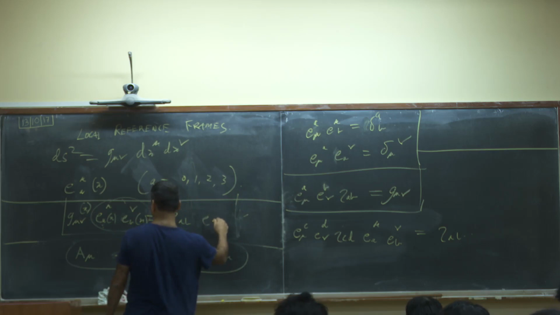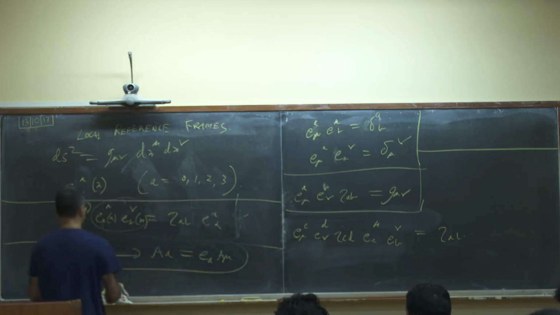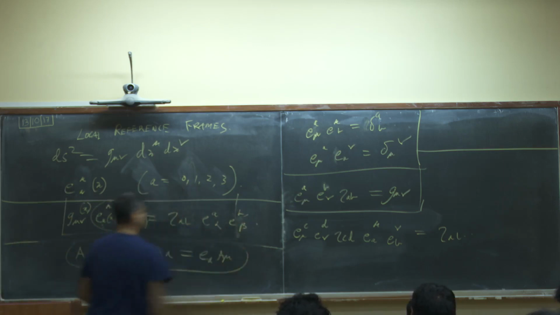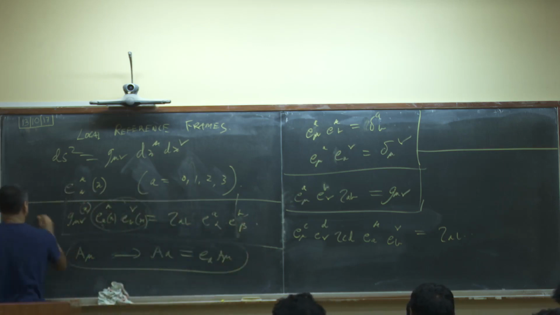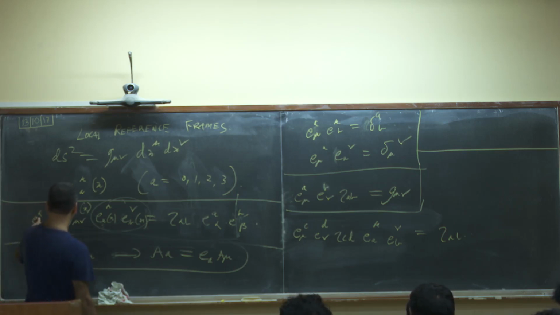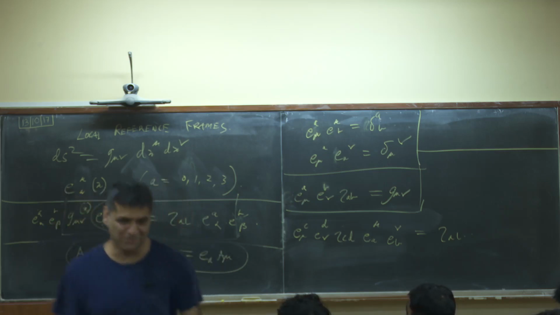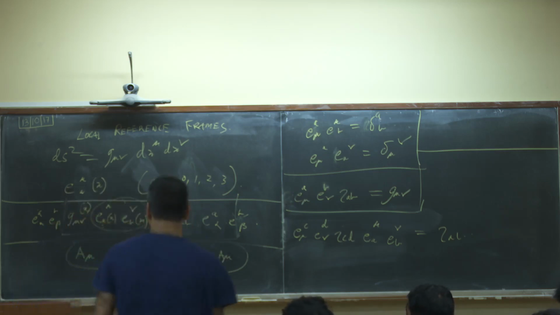E A alpha, E B beta. Sum over A. E A alpha, E B beta. Now we sum over. Perfect. This gives it to us. Very nice. Thank you. That's a very nice proof.